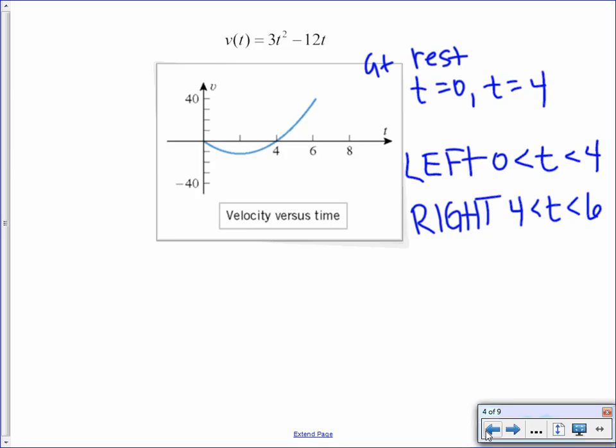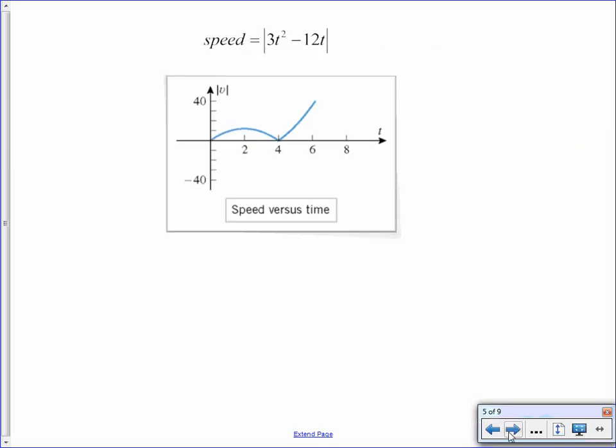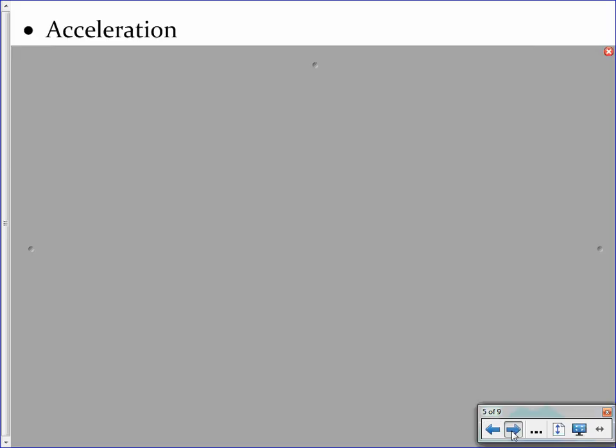Okay. So let's talk about that acceleration word. 15 seconds. Define acceleration in your pod. Velocity over time.